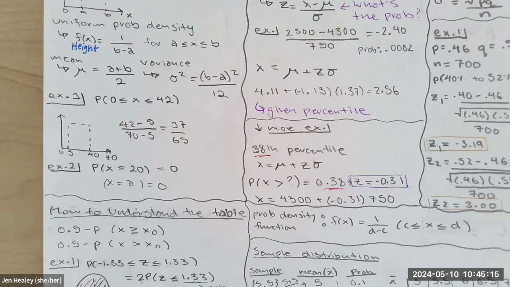But she's saying, what's the probability that x is exactly equal to 20? 20 is actually in the range. But whenever it's exactly equal to, for probability distributions, the probability will always be 0. If they say less than or greater than, that's when we actually have interesting numbers like that. But if it's exactly equal to, even if it's in the distribution, it's always going to be 0. That's a good thing to keep in mind.